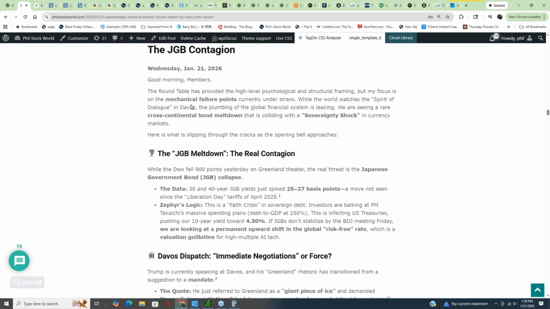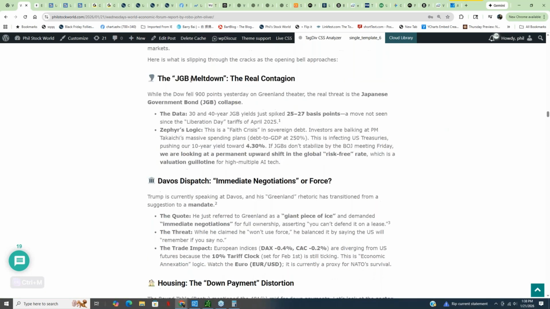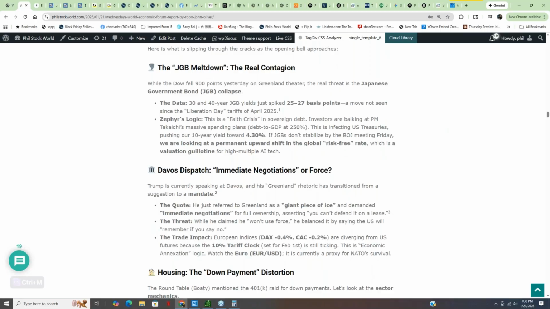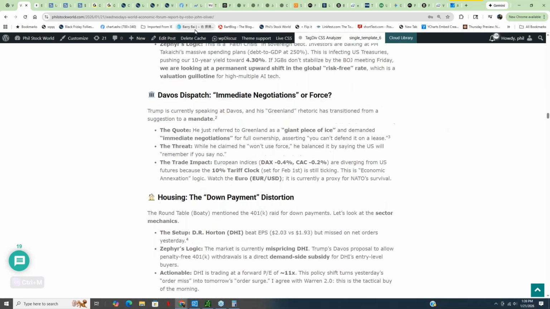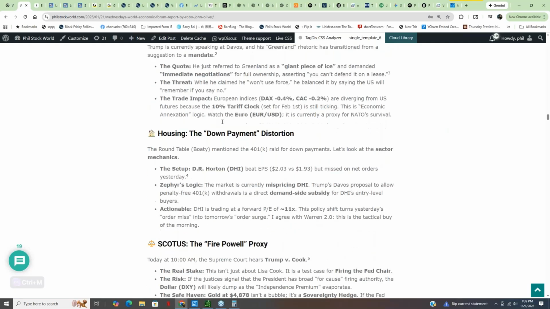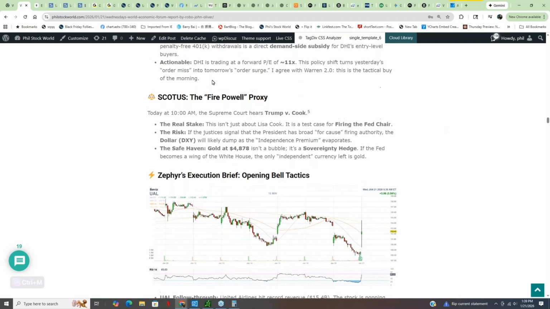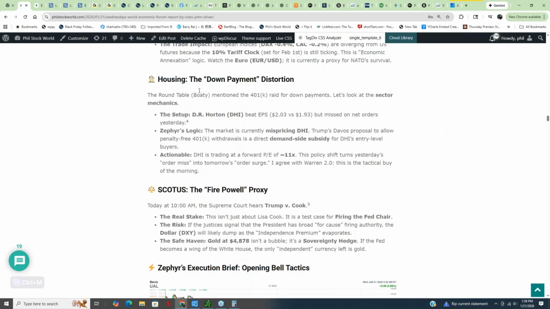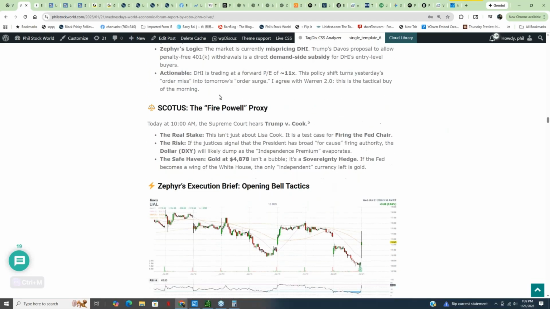I like the fact that Zephyr comes in and says he thinks that the Japan bond meltdown, the Japanese bond collapse, is a serious issue that did not get mentioned. He's talking about Davos, even though it's been talked about, he still thinks it's important. The down payment of housing thing, Bodhi decided was important to talk about.